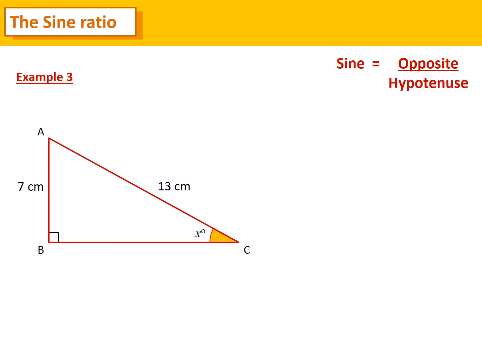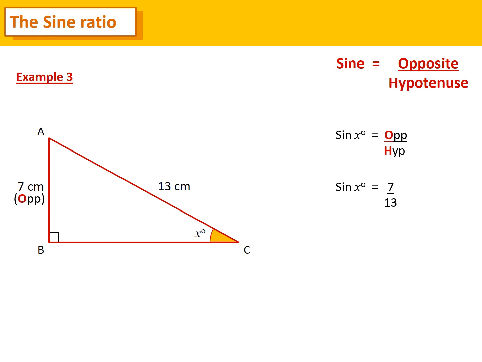Let's try this now on a type of question that we're much more likely to see. We're trying to find the angle x. The eye of the angle looks at the opposite side, so 7 centimeters is the opposite side, and opposite the right angle is the 13 centimeters, so the 13 centimeters is the hypotenuse. So the ratio of the angle is opposite over hypotenuse, which is 7/13.